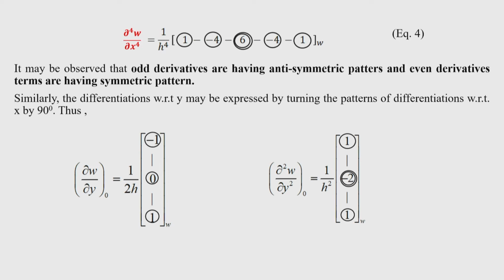So, we get the difference form of the derivative in the stencil pattern with respect to y when we differentiate it, first derivative, second derivative, third derivative and up to fourth derivative. We just obtain the previous results by rotating it 90 degrees.